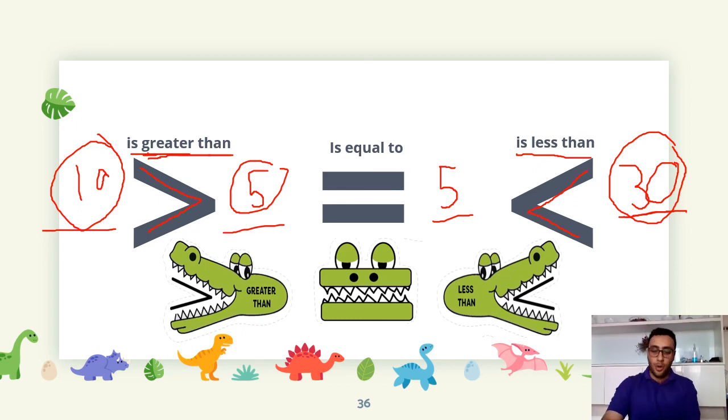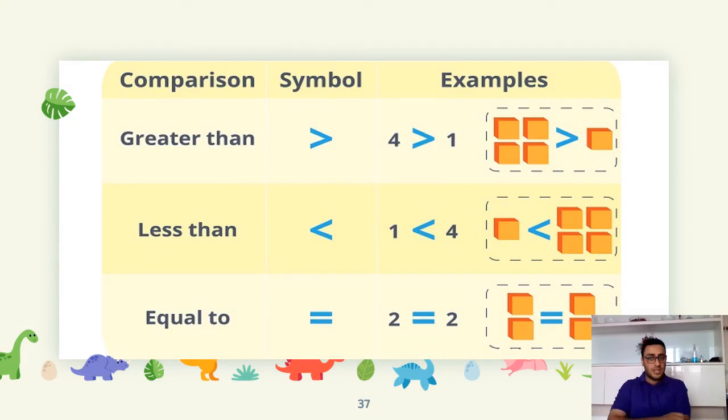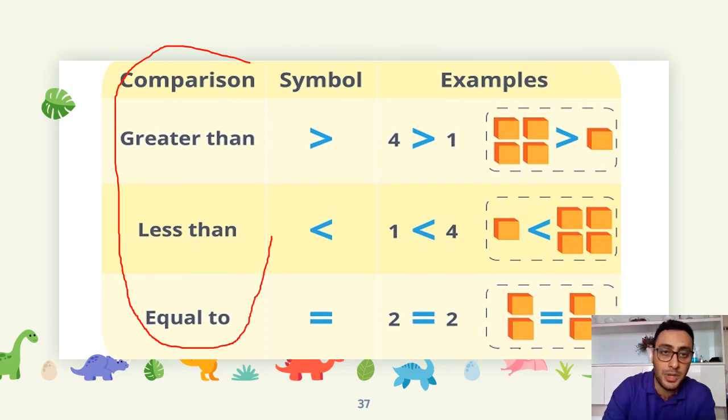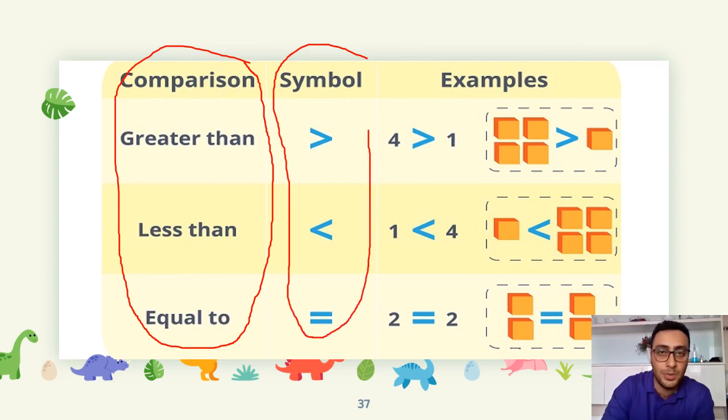Very good. Okay. So let's look at these. We have the comparison, which is to compare, right? We use words to compare. And then we have symbols. These are the symbols we have. Can you tell me what this symbol is? See, the bigger number is on the left side. The greater number is on this side.